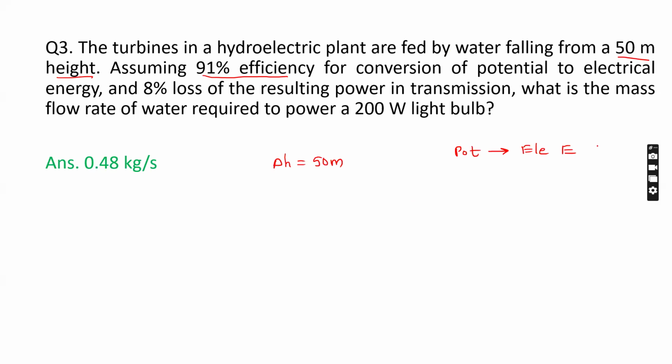Only eta is 0.91 and 8% loss of the resulting power in transmission. What is the mass flow rate of water required to power a 200 watt light bulb? So I want to impress on you that generally, whatever process happens in nature, it does not happen with 100% efficiency.